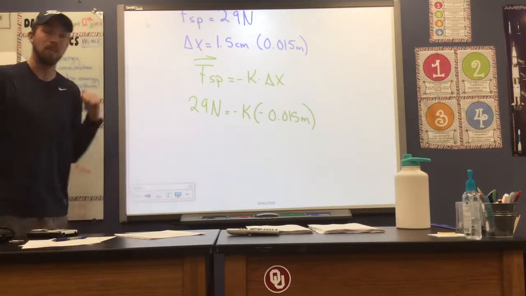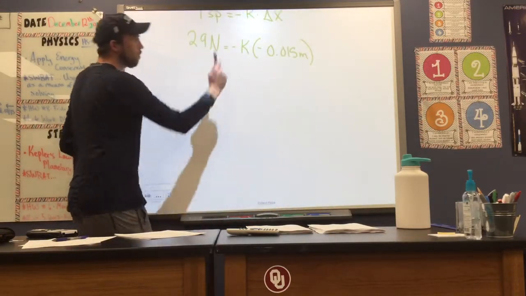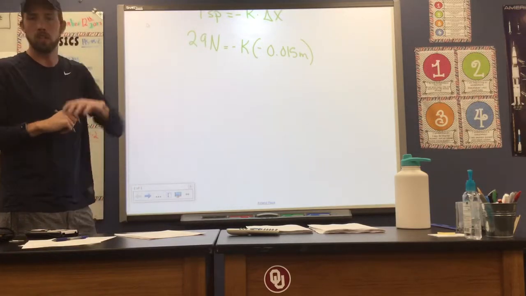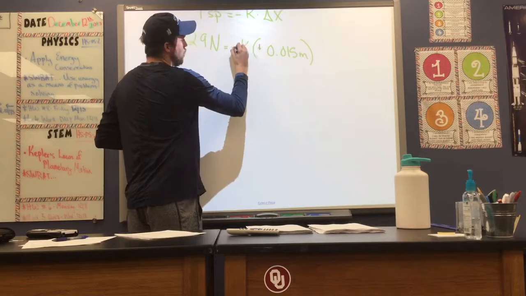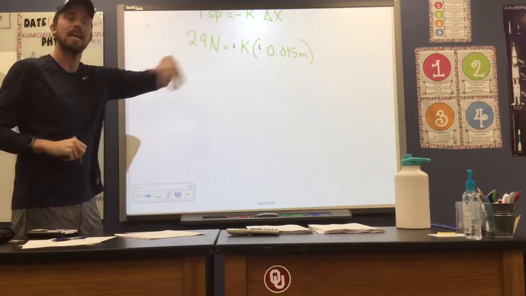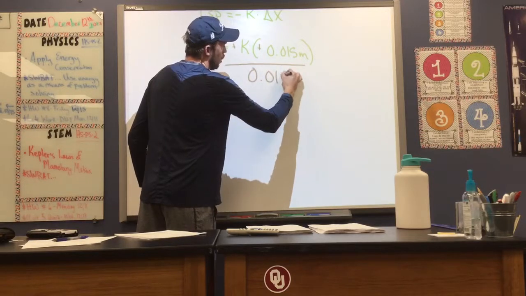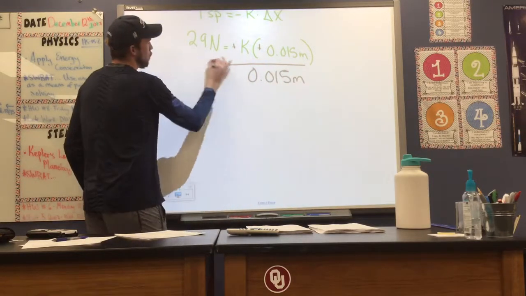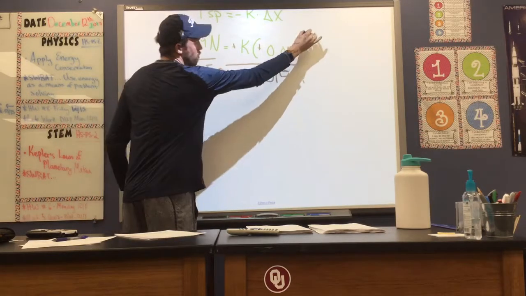Okay? So we want to get our constant by itself, and we'll just need to do a little bit of algebra here. We're going to divide by 0.015 meters on both sides of our equation. Because we have a negative value in 2 places, a negative times a negative will give us a positive value. So we'll divide by our displacement, 0.015 meters, on both sides of our equation.